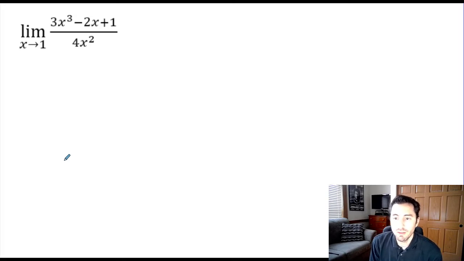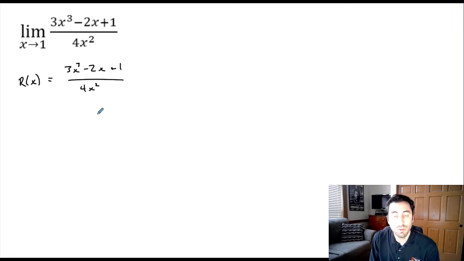So here I'm looking at the limit as x approaches 1, and then my rational function, 3x cubed minus 2x plus 1 all over 4x squared. So the first thing is, let's take a look at the domain of this function. So I'm just going to write this out here. So my rational function is this whole expression.